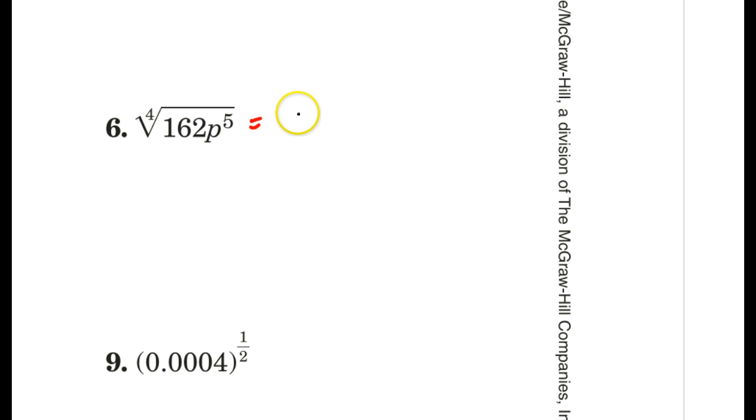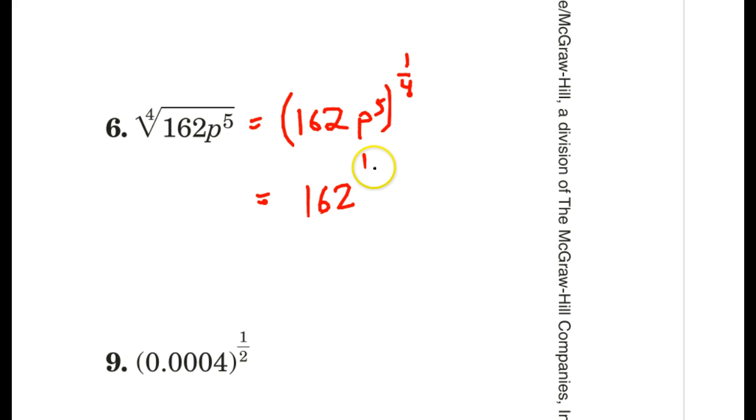Let's see here. 162 p to the 5th, all raised to the 1/4. So that's 162 to the 1/4, p to the 5/4.